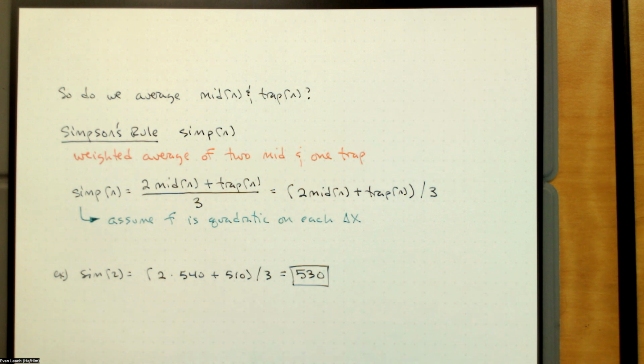So even though we have reduced the number of rectangles, because our technique is more refined, both the midpoint rule and the trapezoidal rule, each estimation is not just purely over, purely under. Each estimation has a balance between some overestimate and some underestimate that pulls the two approximations closer to the actual value.